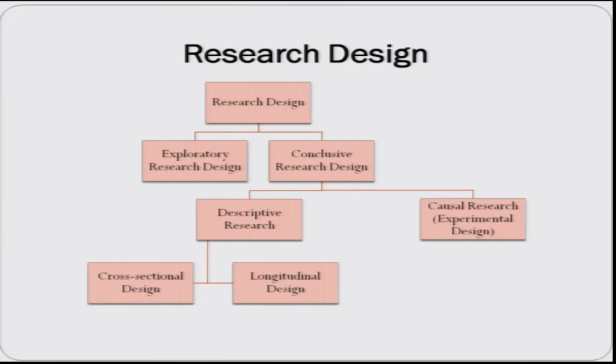Then you have the conclusive research design. In the conclusive research design, we try to conclusively say what is the exact nature of the relationship, and this conclusive research design has two parts: causal research. Causal research is concerned with the examination of the causal relationship between two variables.